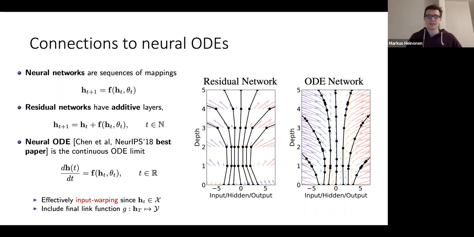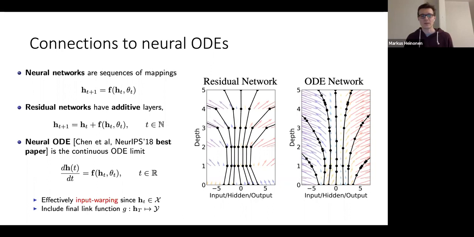So what this means is that the layer index is not discrete anymore, but instead it's a continuous variable. So instead of having 1, 2, 3, 4, 5 layers, we just have 5 time units that we can integrate forward at infinitesimal steps. And this is basically input warping. There's nothing magical here.